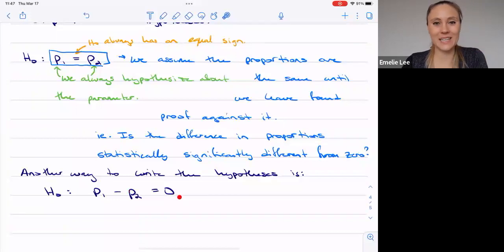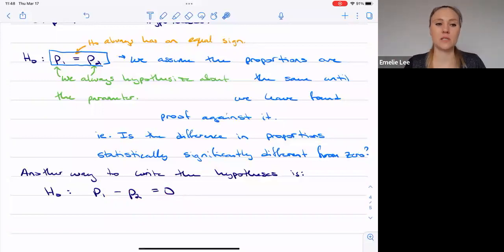You can consider values other than 0, but the methods that we're outlining here only apply when you're looking at 0. It's very rare that you would want to show that the difference in proportions is equal to or different from 0.1 or something like that.